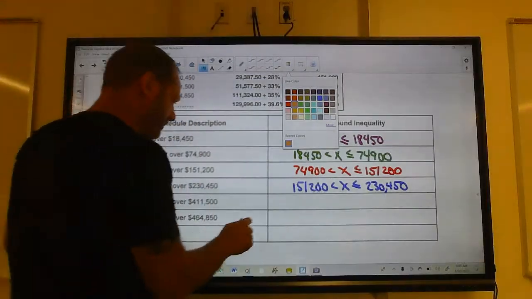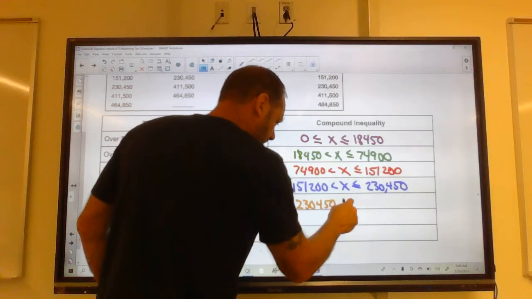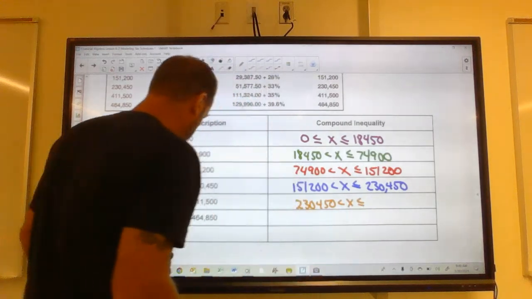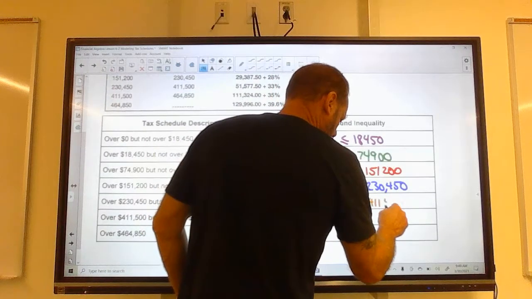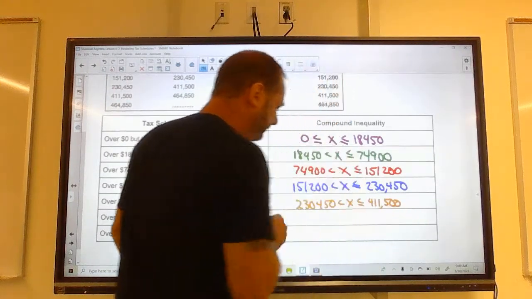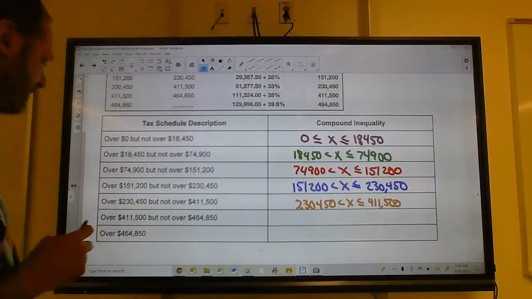The next one is going to be over 230,450, but not over 411,500. These seem like weird numbers. I don't know why they chose these numbers. They just seem to be random.